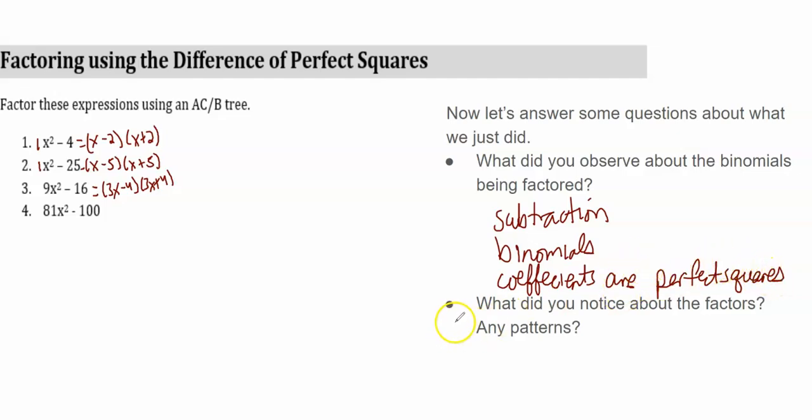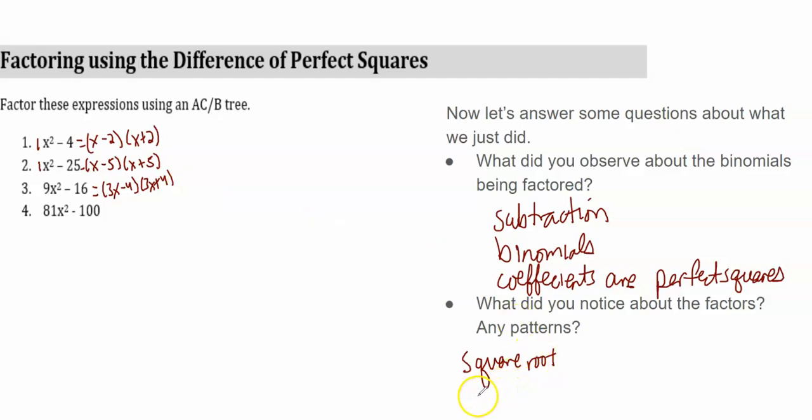Anything we notice about the factors, any patterns? Everything was a square root. The square root of 4 was 2 and 2, square root of 25 is 5 and 5, square root of 16 was 4 and 4.